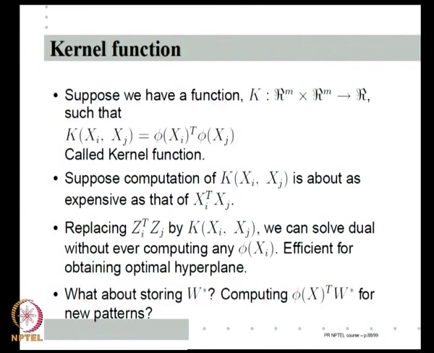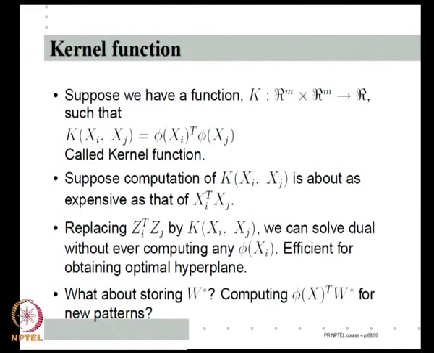Okay. So far so good, but does it mean that I have solved the problem of inefficiency inherent in this idea? One of the inefficiencies is that every time you give me a new pattern to classify, I have to transform it into this high dimensional space and then classify it.